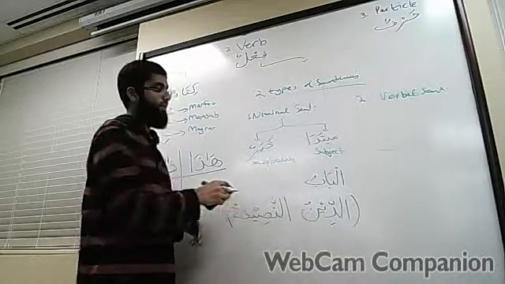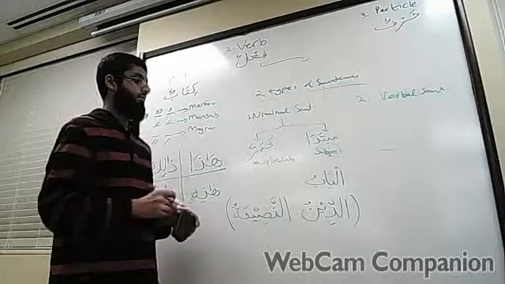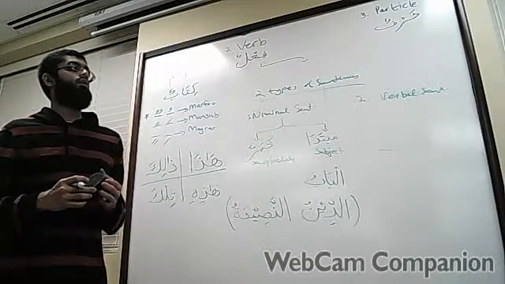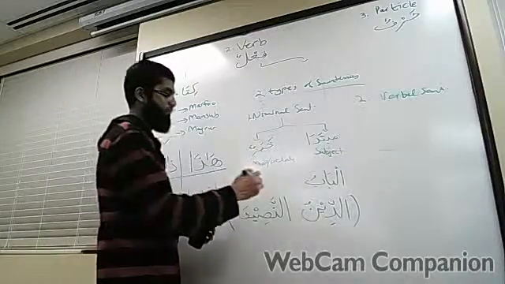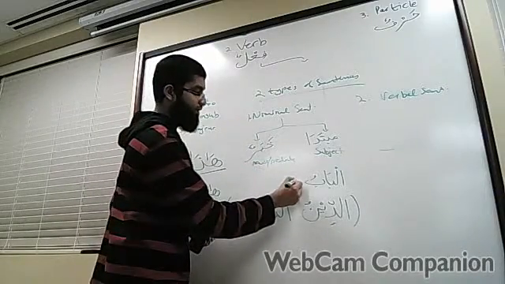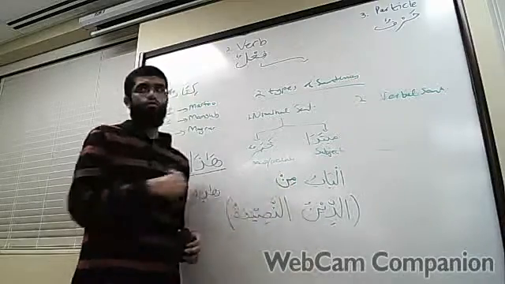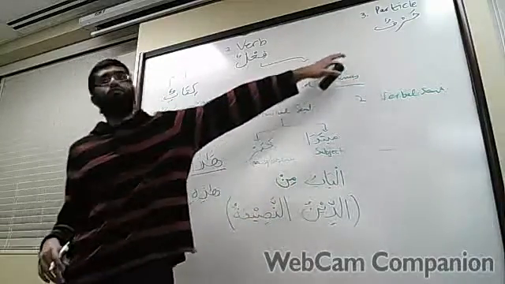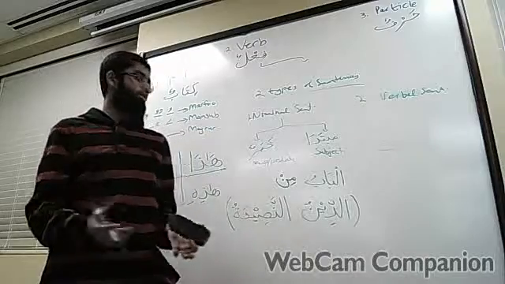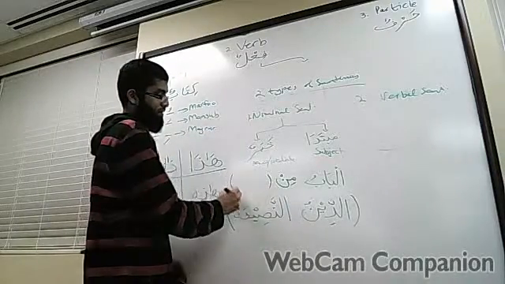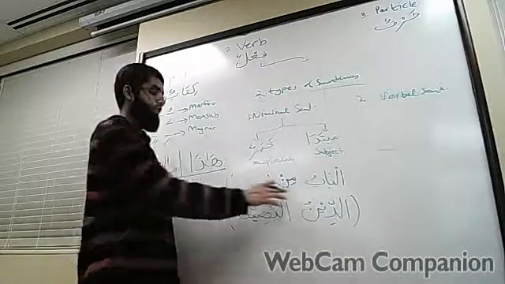So if I say the door is, let's say, from China. It's made in China, or it's shipped from China. Min means from, so min is a harf that means from. It's a harf jar, and the ism that follows it is going to be majroor. Harf jar, ism majroor.